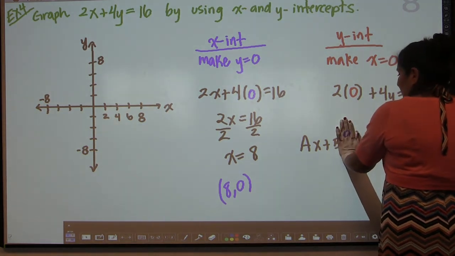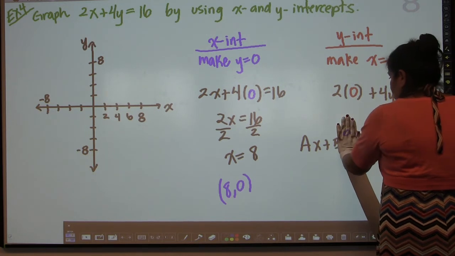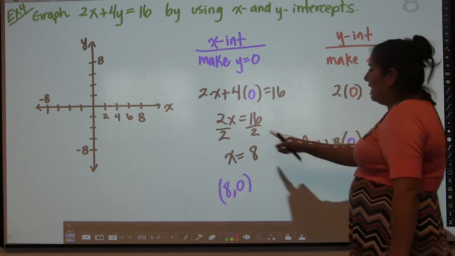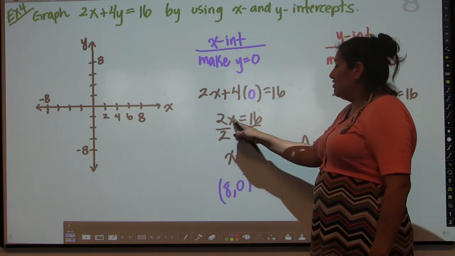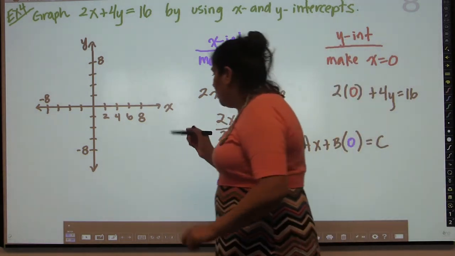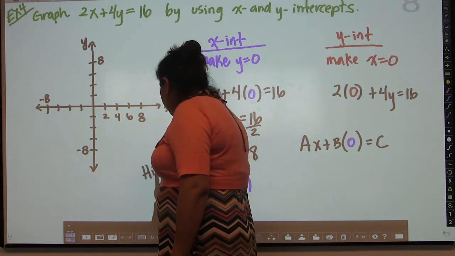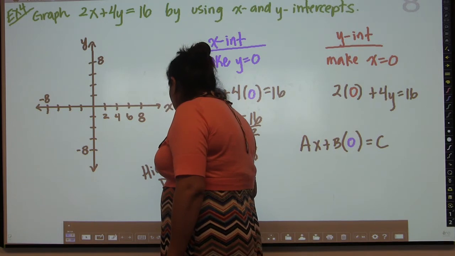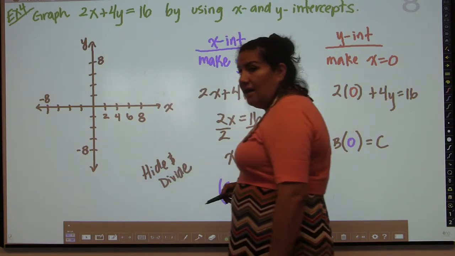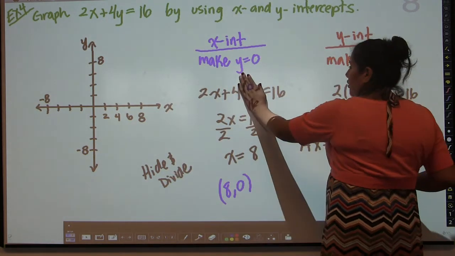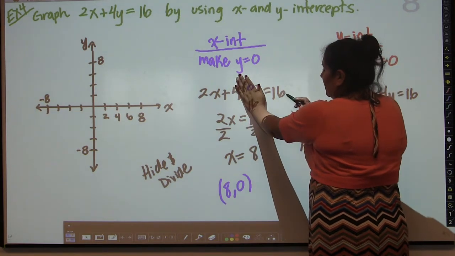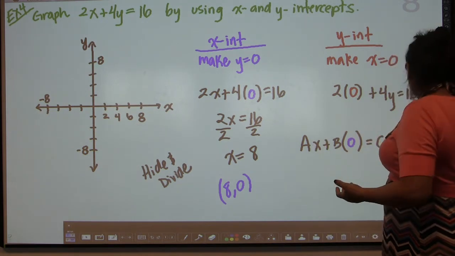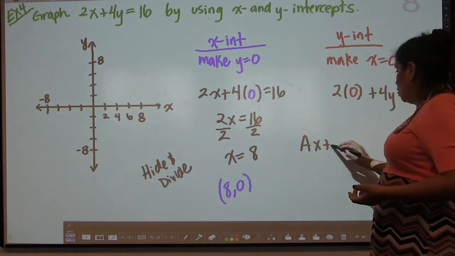So what we call this is hide. If you hide this term, then all that's left is ax and c, like we had here. And then you divide. So the shortcut that we call this is hide and divide. It provides a fast way for you to find the intercepts. Hide and divide. So you hide the term and then divide by 2. So if you don't like the shortcut, it's okay. You can do it the long way. But I just wanted to make sure that I showed you the shortcut.